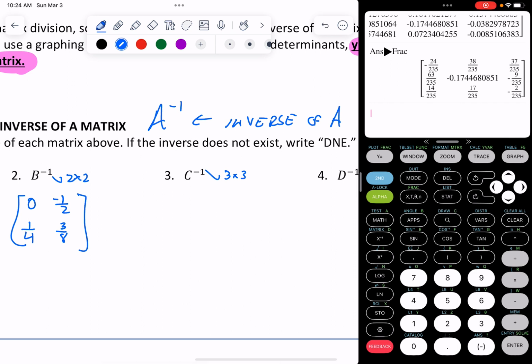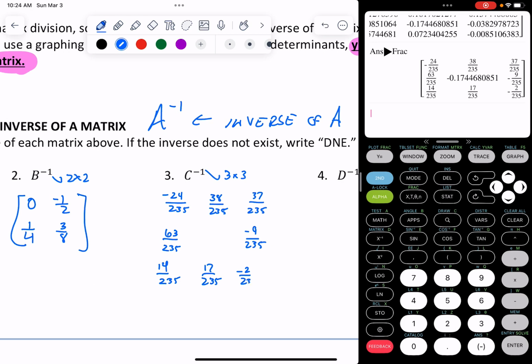So we've got negative 24 over 235, 38 over 235, 37 over 235, 63 over 235, and then we'll skip that for now, 9 over 235, 14 over 235, and negative 2 over 235. So this is something over 235.